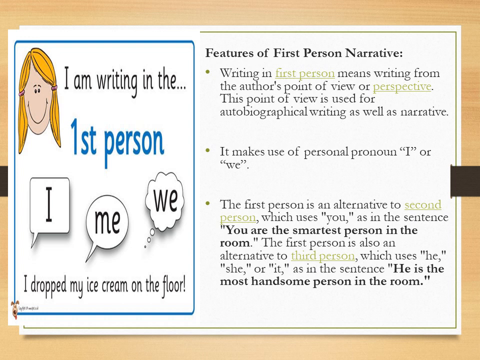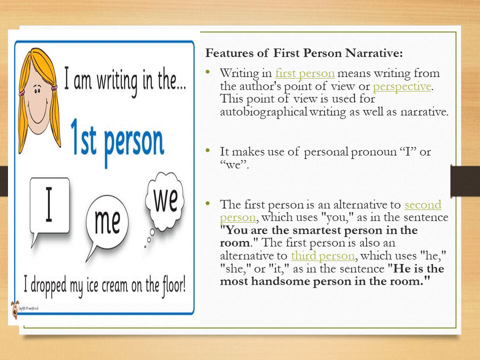We also say that it's an alternative to third person narrative. Third person narrative makes use of he, she, or it, the third person pronouns. Again, let's take the first sentence: I am the smartest person in the room.